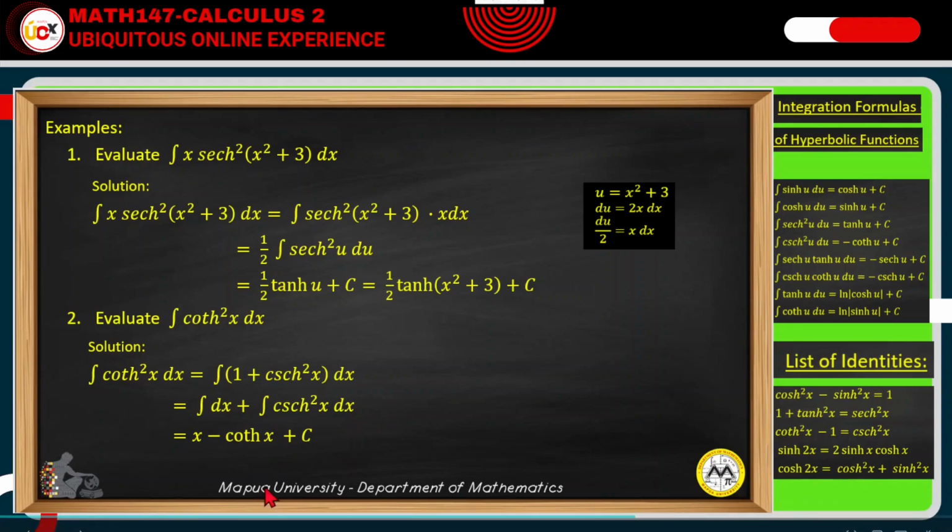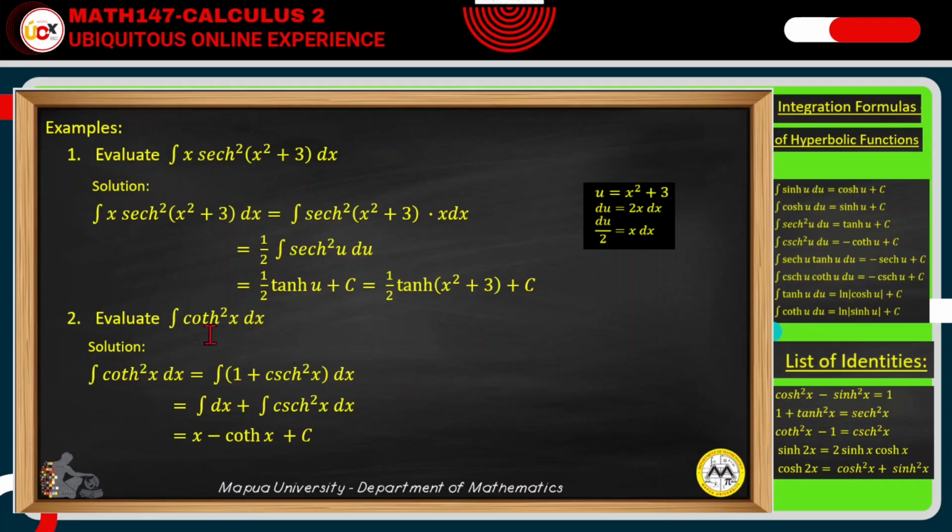Okay, so let's have another example. Suppose we are asked to evaluate the integral of hyperbolic cotangent squared x dx. If you look at the table of integration formulas of hyperbolic functions, there is no direct integration formula. What we have is the integral of hyperbolic cotangent u du of degree 1, but there's no degree 2 for hyperbolic cotangent u.